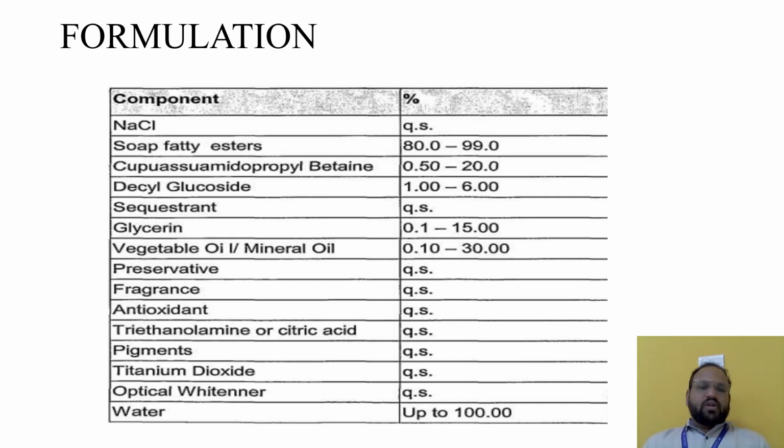So what is used for formulation? That is sodium chloride, soap, fatty esters, decyl glucosides, sequestrant, glycerin, vegetable oil or mineral oil, preservative, fragrance, triethanolamine or citric acid, pigments, titanium dioxide, optical whiteness, water.